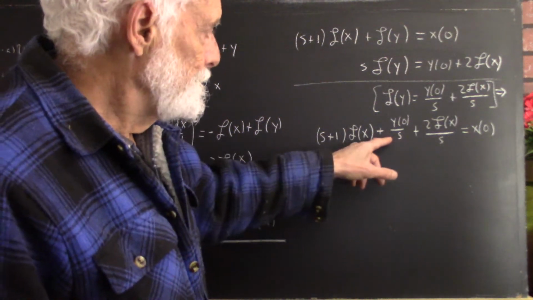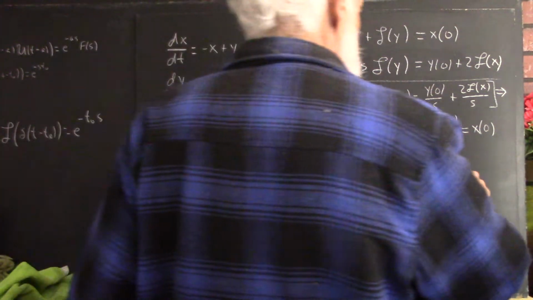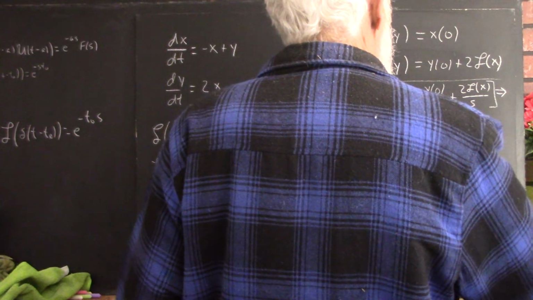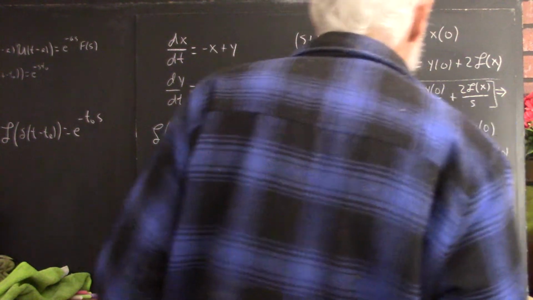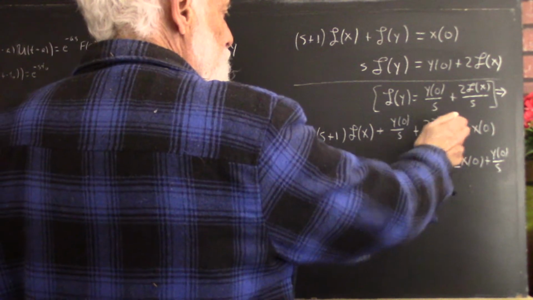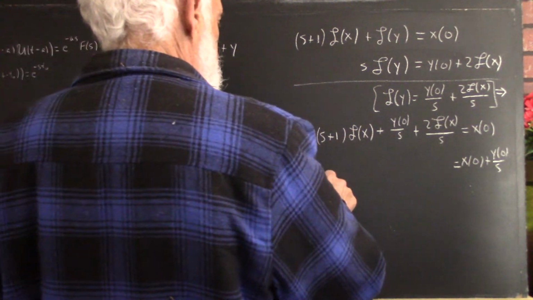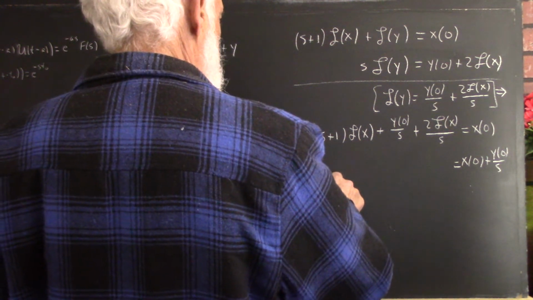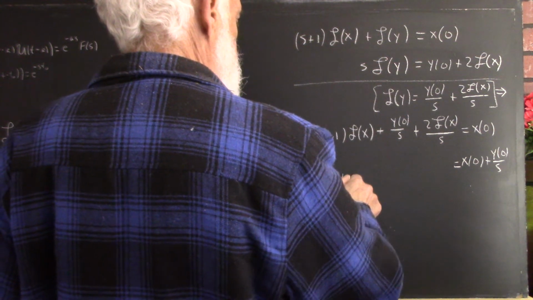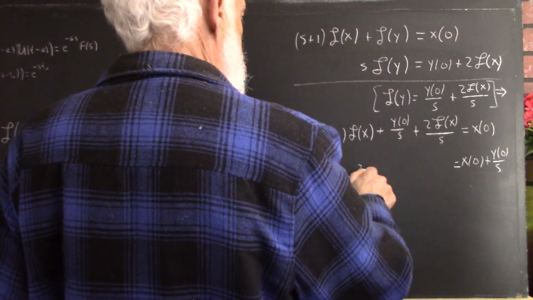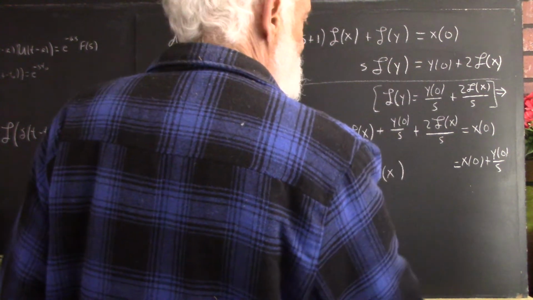Well, now we're going to put our y of 0 over s on the other side, get rid of it for the moment. And then we're going to combine this 2L of x over s with this, and we're going to get s plus 1 plus 2 over s times L of x equal to this.